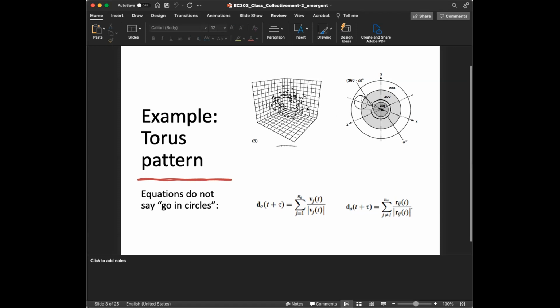Yet we found that the entire group began moving in a torus fashion. So when equations do not explicitly have a rule, but you still find that pattern suddenly appearing when a large number of agents interact, we can call that an emergent pattern. But this is very vague. This can sometimes be wrong. One has to be careful about how we interpret emergent patterns.